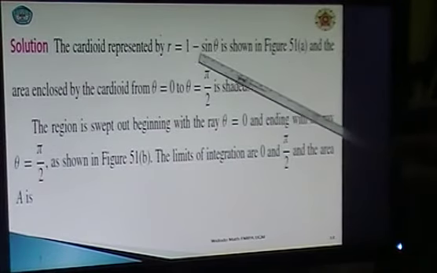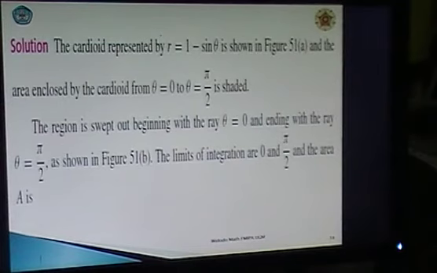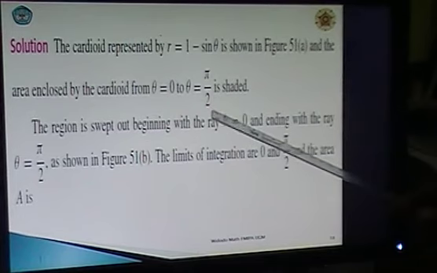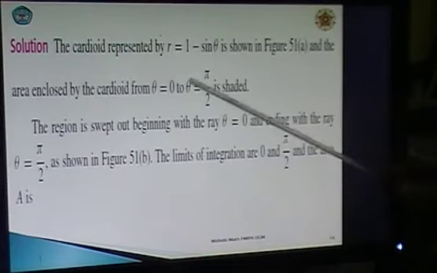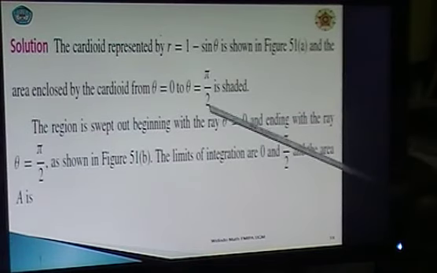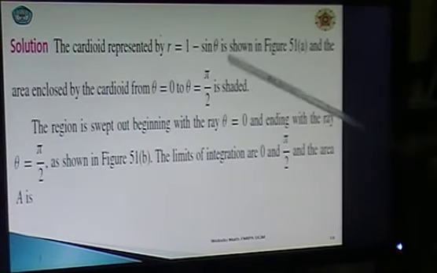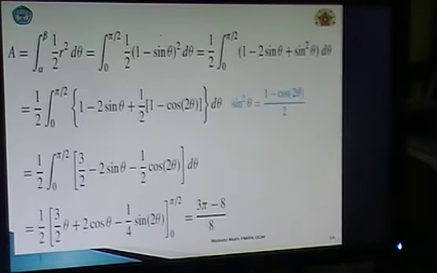Since r is equal to 1 minus sin theta, and the restriction of the integration is theta equal to 0 and theta equal to pi divided by 2, then we just apply the formula. The area is the integral between 0 and pi divided by 2 of r squared, that means 1 minus sin theta squared d theta, as we saw on the following page.